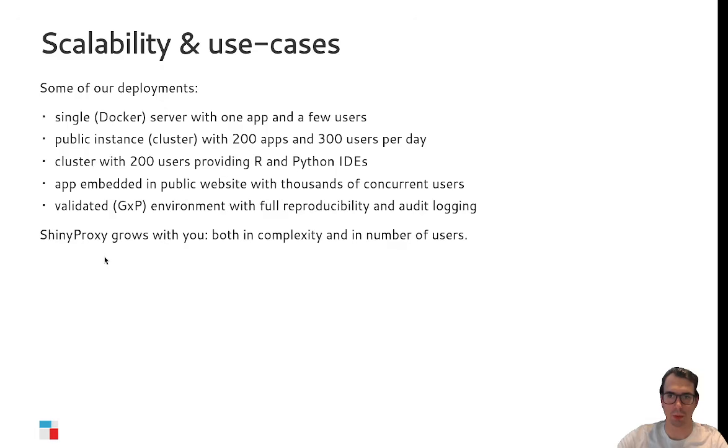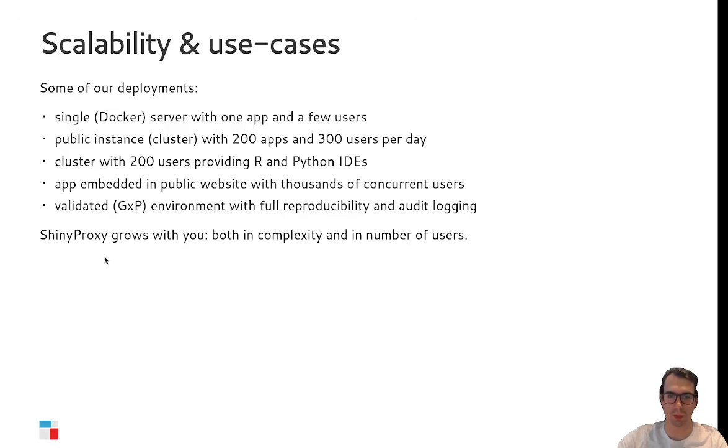So some use cases of ShinyProxy, and these are real-world deployments we have done. Starting with a simple deployment where there's just a single server running Docker, where there's one app and a few users. But there is also a public instance, which is using a Kubernetes cluster with more than 200 applications, where 300 unique users use the applications day to day. As I mentioned, ShinyProxy also supports RStudio or other IDEs, and we actually have a customer where they support 200 users who do their day work in RStudio on ShinyProxy.